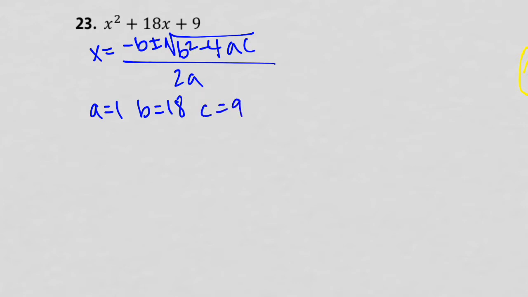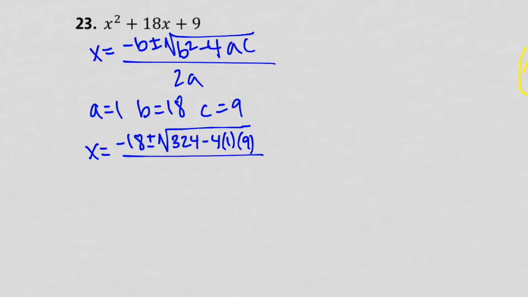So we're going to use those three values and plug them in. So it's going to be x equals negative b, that's 18, plus or minus the square root of b squared, 324, b squared, right, minus 4 times a, which is 1, times c, which is 9. There you go. All over 2 times a, which is 2 times 1, which is just 2.